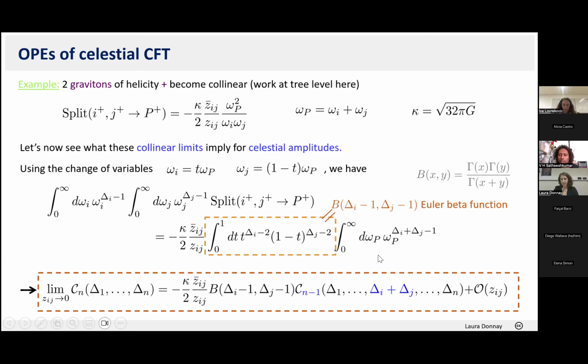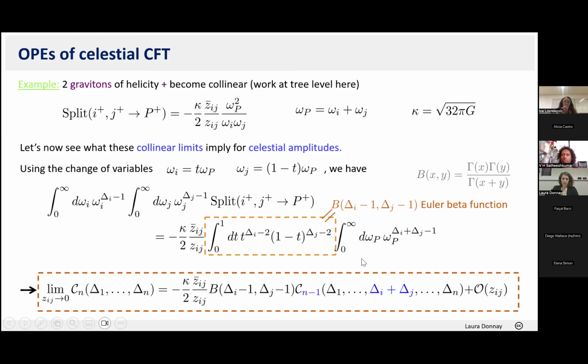Instead of i and j, it involves the particle P, and in the Mellin it's just delta minus 1. Here it means that it's the celestial amplitude involving delta i plus delta j as conformal dimension.